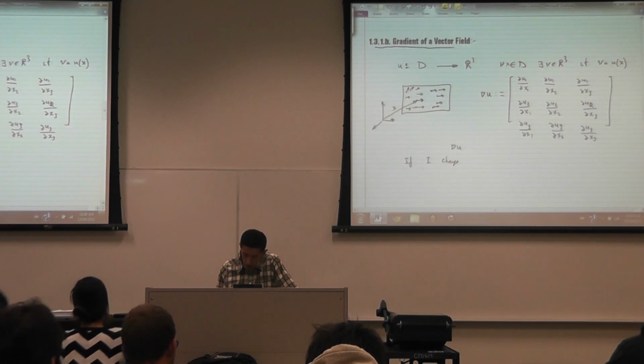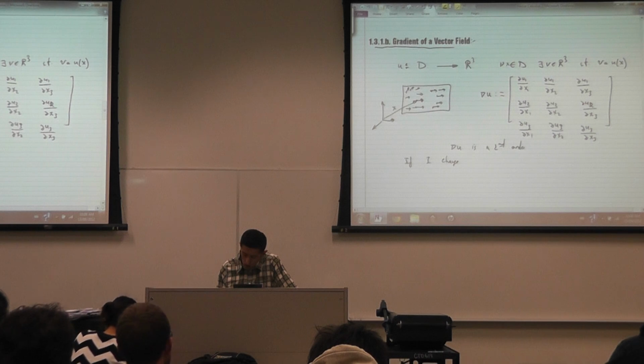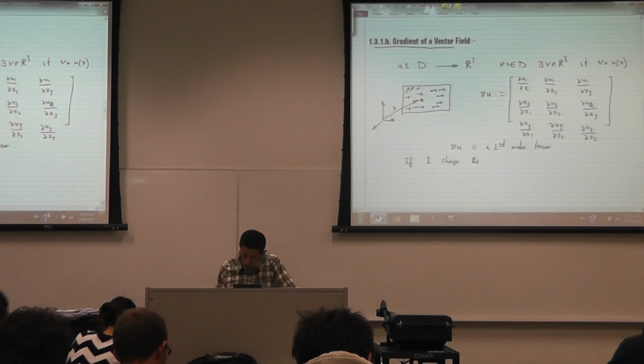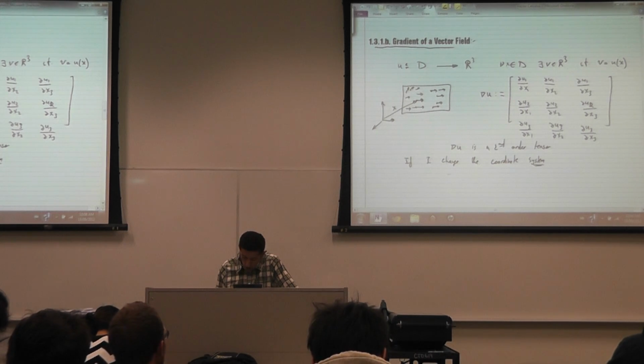The gradient of u is a second order tensor. If I change the coordinate system, the new components of the gradient of u will be equal to Q, the gradient of u, Q transpose.